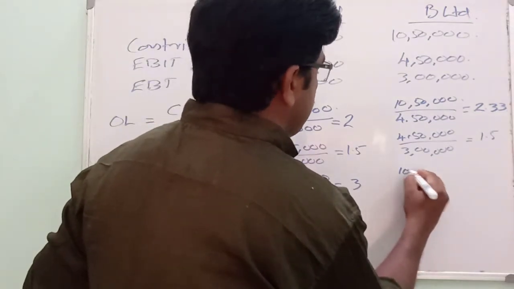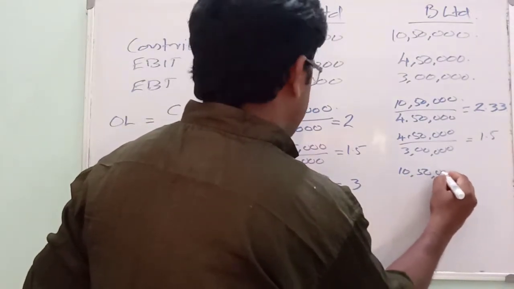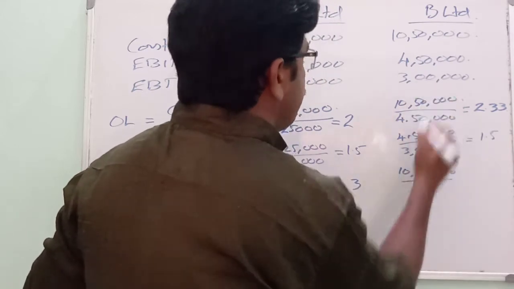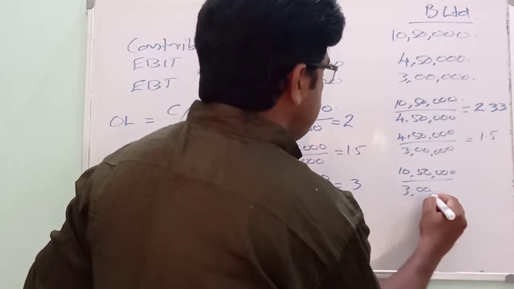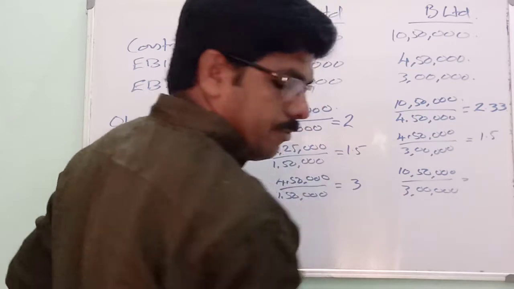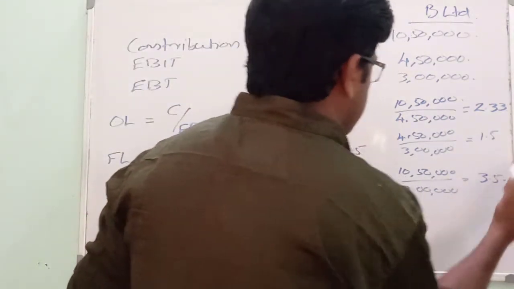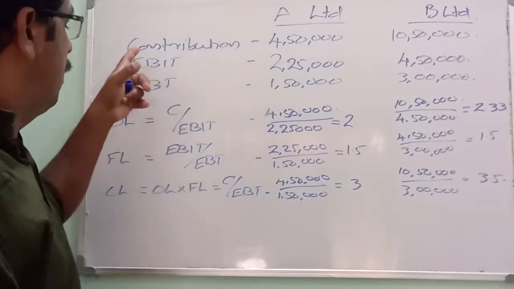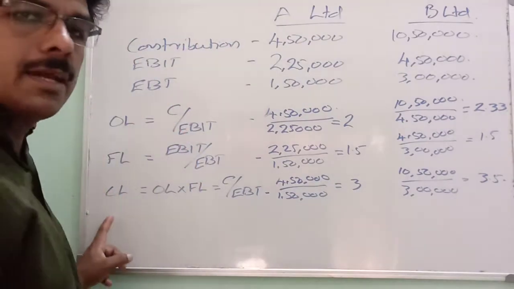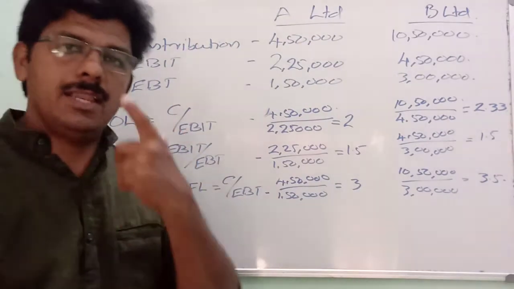Here, 10,50,000 divided by EBT 3 lakh is equal to 3.5. So this is OL, FL, and CL, the combined leverage.